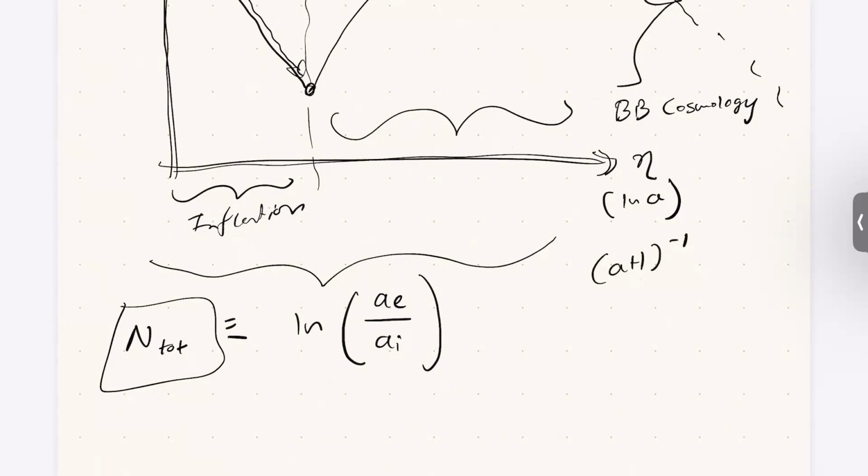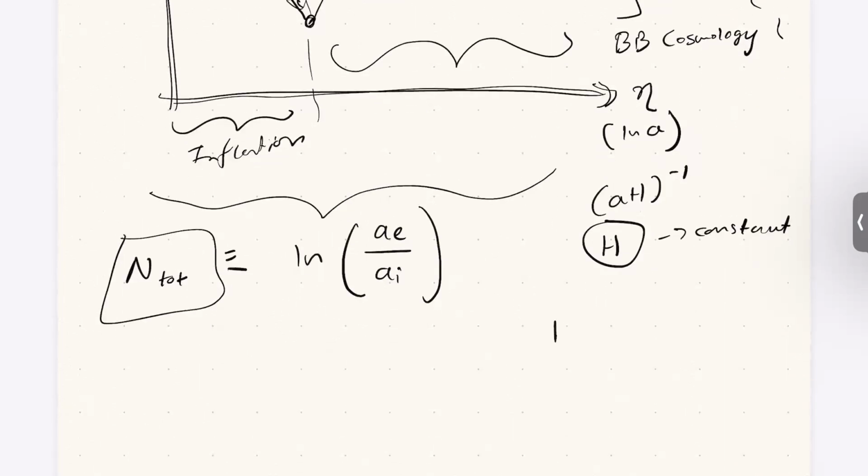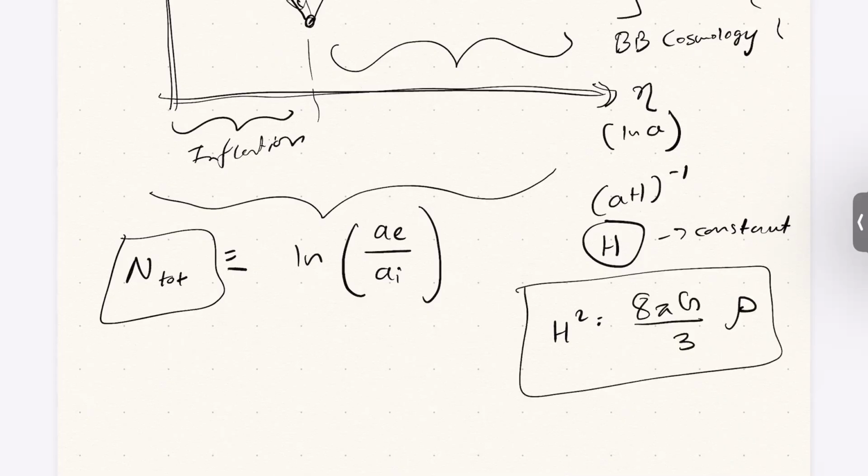a and H. In fact, during inflation, H is constant. The physical Hubble radius is constant. Because remember, I wrote this from the Friedmann equations that we have a relationship of the physical Hubble radius with the energy density like this.